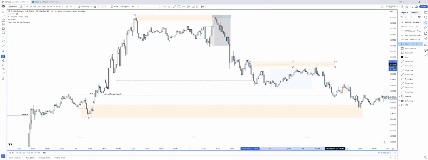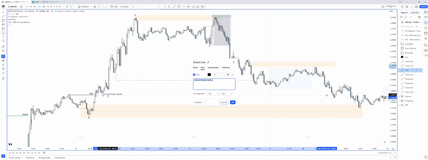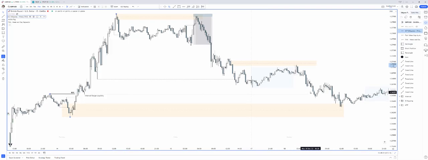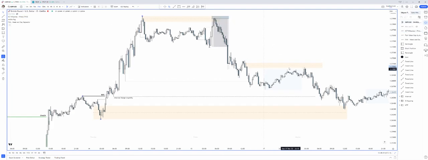Why? Because our target, the internal range liquidity, is still not hit yet. And then what happened? We reached here. Look here, this one. This was the internal range liquidity, and then this was the POI.